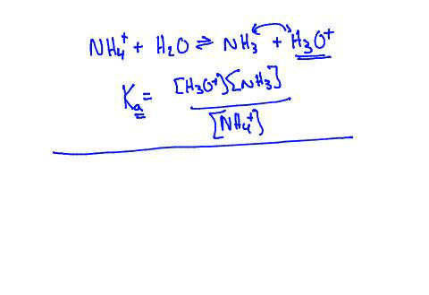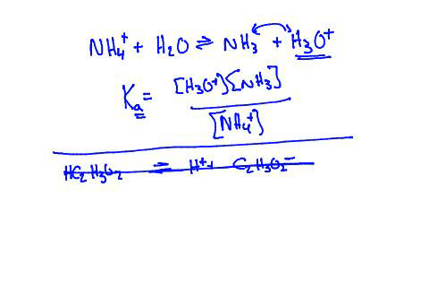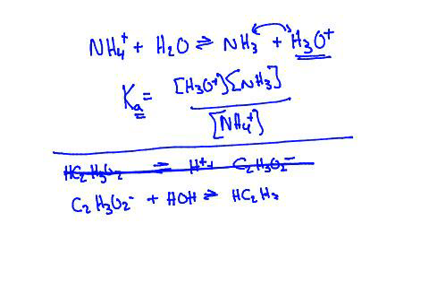And then conversely, I can have the other reaction we had, which was HC2H3O2 dissociating into hydrogens and acetates. I want the C2H3O2 minus plus water, HOH, making HC2H3O2 plus the hydroxide.